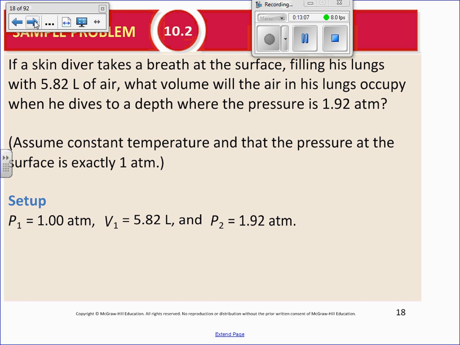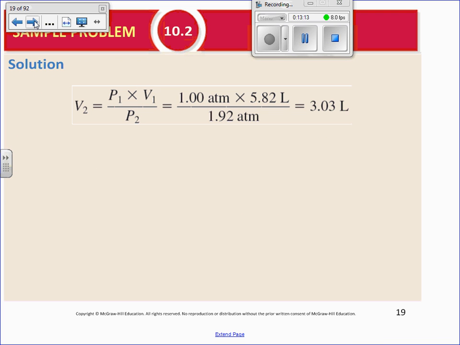I'm too lazy to do it, so I'll just skip to the next page. V2 is 3.03 liters. That's all there is to it for Boyle's law. That's assuming we hold temperature constant.